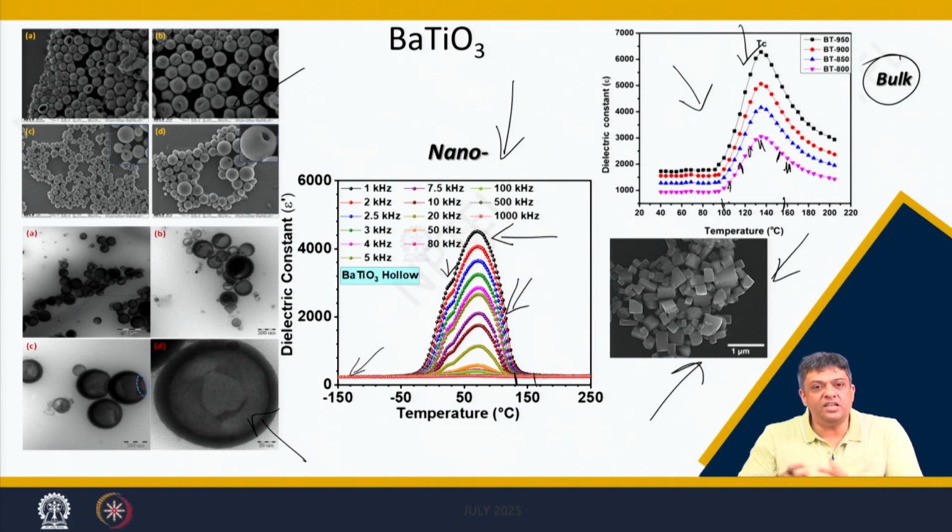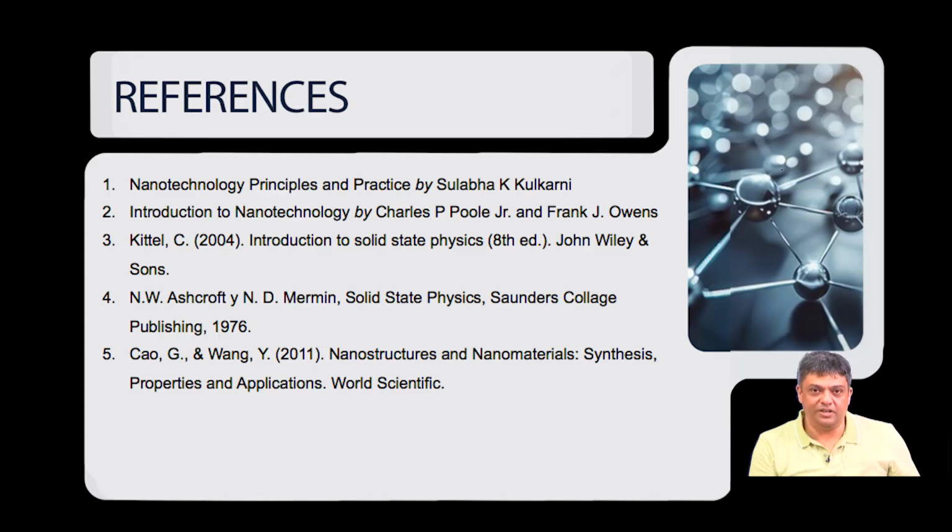So just by changing the size of the material you can suppress the peaks, that is the variation in dielectric constants, and you can modulate the corresponding applications of a ceramic material.